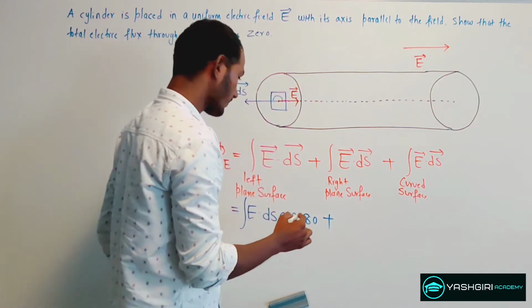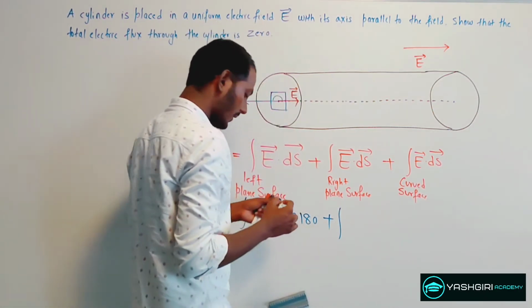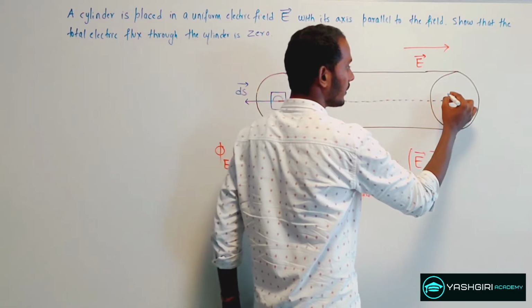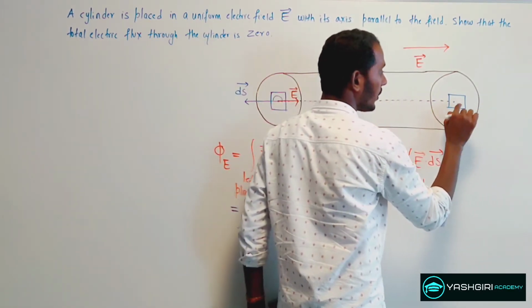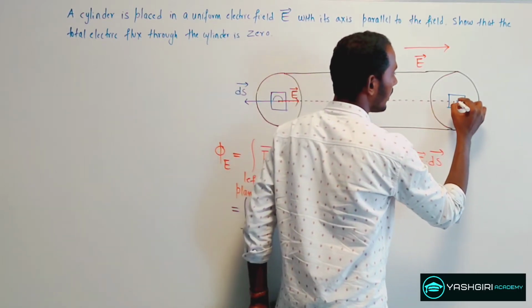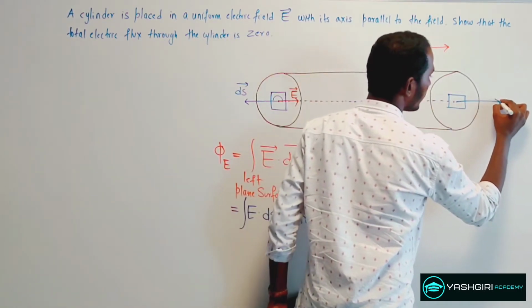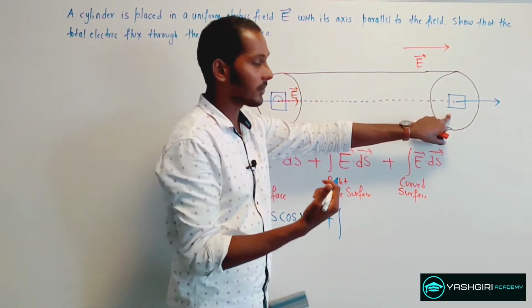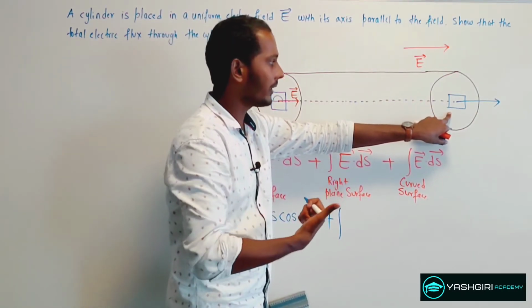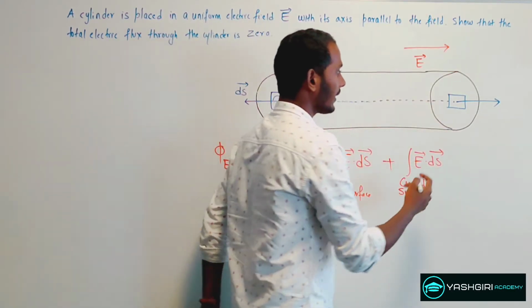Now here again, let me choose a small area element, and the unit vector of this area element will be pointing radially outward. So you draw the normal, which is pointing radially outward.